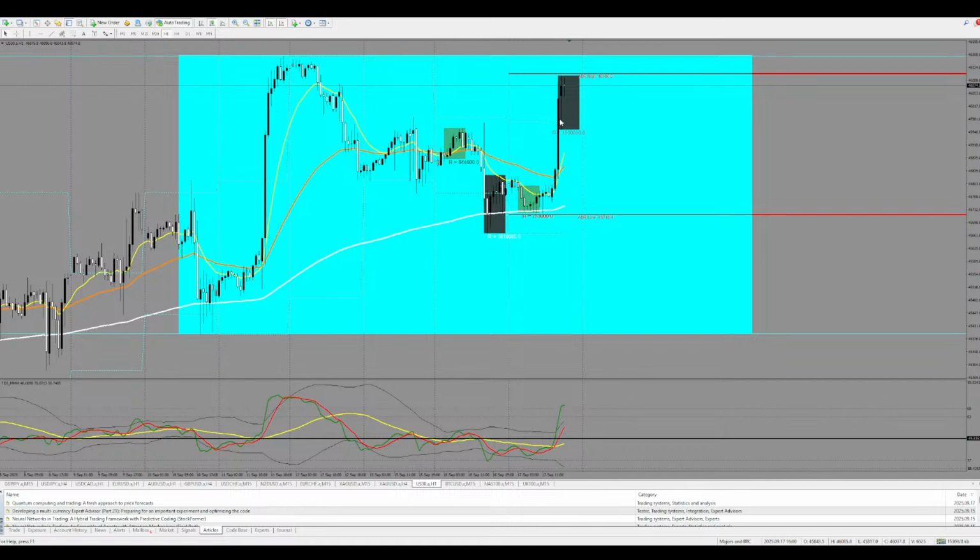We don't just want to jump onto the bandwagon and buy, because what happens most times is that price will break structure and then price might come back down here, issue a reversal, and then now go off in the direction of the buy.